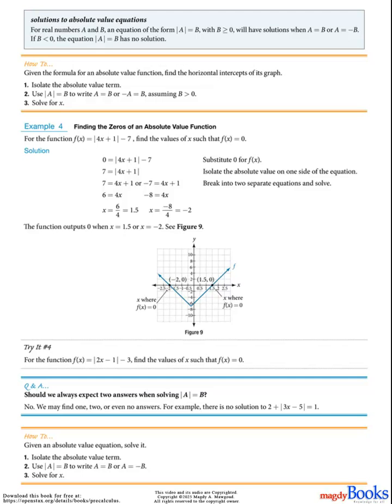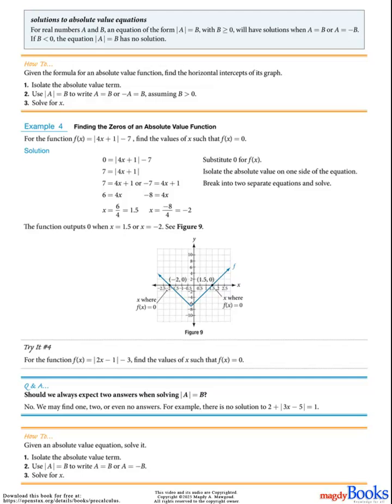Q and A. Should we always expect two answers when solving the absolute value of a equals b? No, we may find 1, 2, or even no answers. For example, there is no solution to 2 plus the absolute value of 3x minus 5 equals 1.